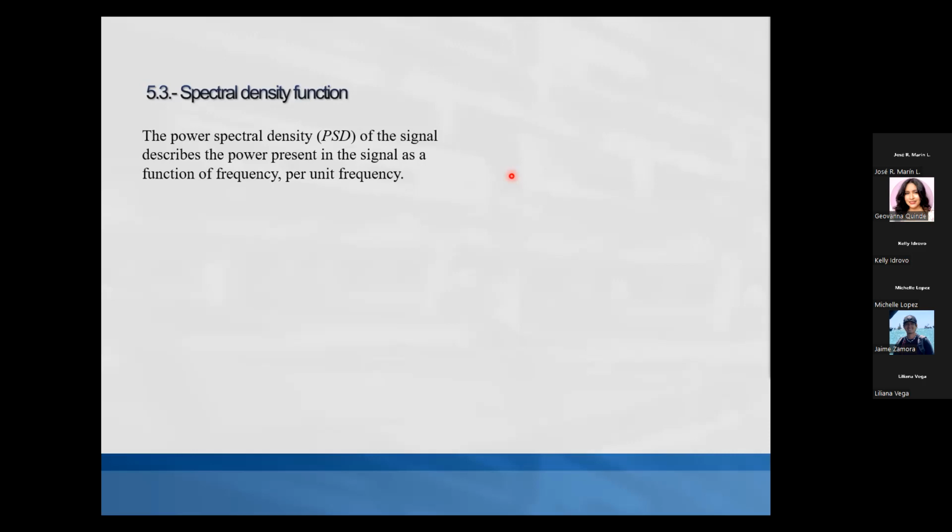At the other end, if we have a very low power, that means there is not much amplitude of that wave. So we can identify in this total how much is the contribution from each one of the components, per unit frequency.